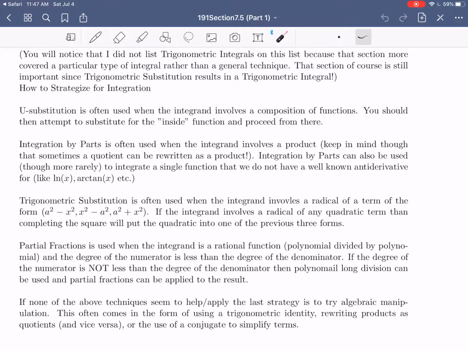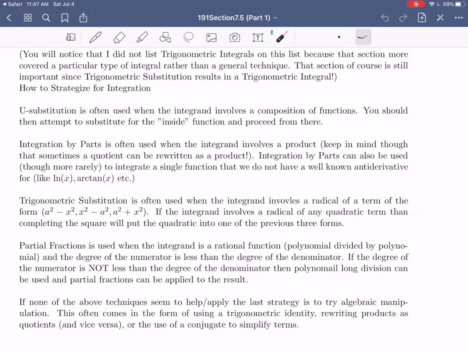All right. Second technique, which is really the first technique we introduced specifically in our class: integration by parts. As we know, it's reversing the product rule for derivatives, so it's often used when the integrand involves a product, two functions multiplied together. Keep in mind that a quotient of two functions can be rewritten as a product, especially if you change exponents into negative exponents.